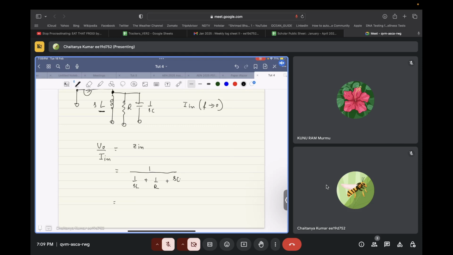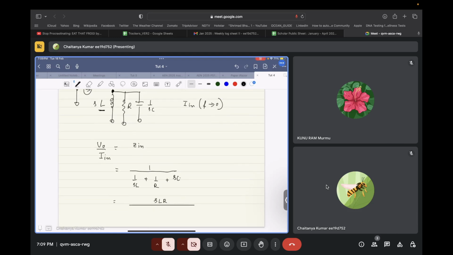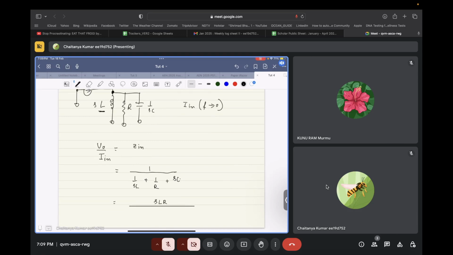So let's try to simplify it. So what we will have is SL times R, divided by R plus SL plus S square LCR. Correct?